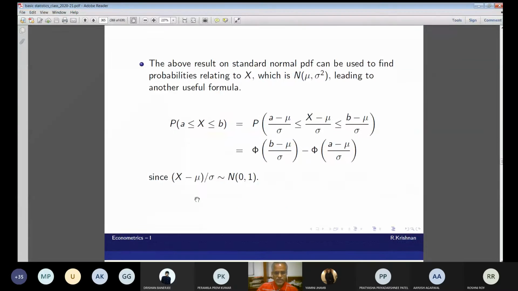Okay, the above result on the standard normal CDF can be used to find probabilities relating to X, leading to another useful formula. These are all formulas you should take down, because we are going to do some simple exercises with the help of the table that I had sent you the other day. Probability X is between A and B is given by this.